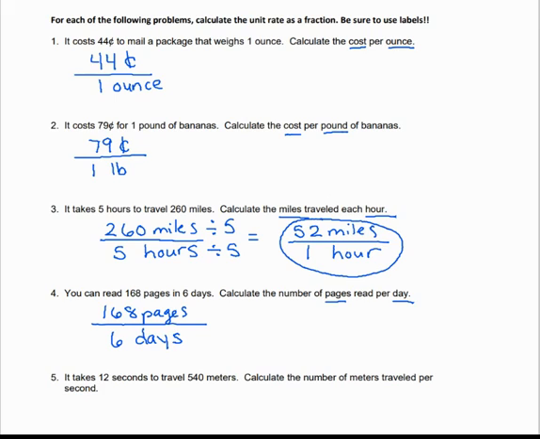Come on, guys. If you've been listening, this is a very easy answer. 6. Good job. So we don't want a 6 in the denominator, we want a 1. So we divide by 6, and I do that to top and bottom. So 168 divided by 6 gives me 28. So 28 pages per 1 day.